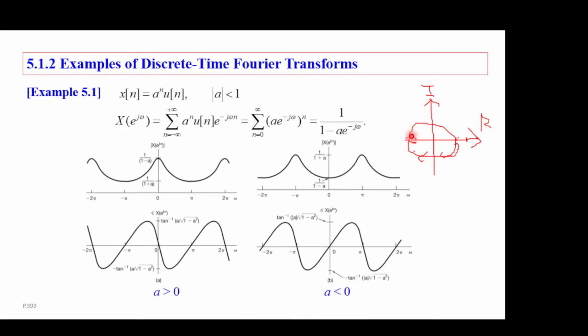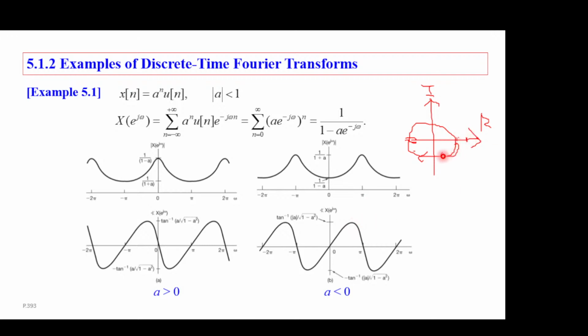If a is less than 0, then your a times e to the minus j omega starts from here, right? Because a is some negative real number. And so you start off the furthest away from your 1, so the lowest point is omega equals 0, and as omega goes to pi, you walk to this point, where you are closest to your 1, so this 1 over 1 minus this thing is the highest.